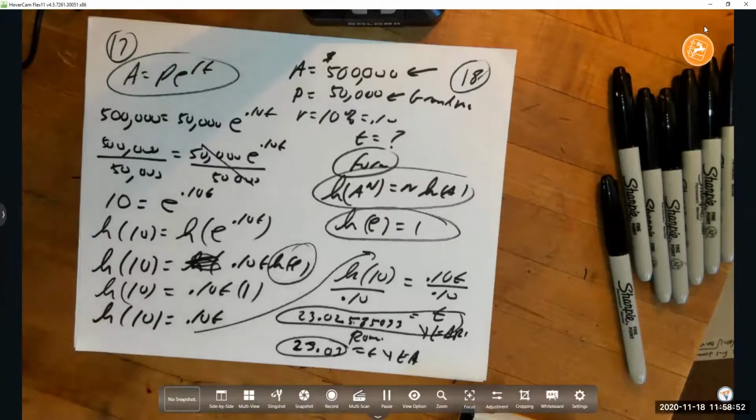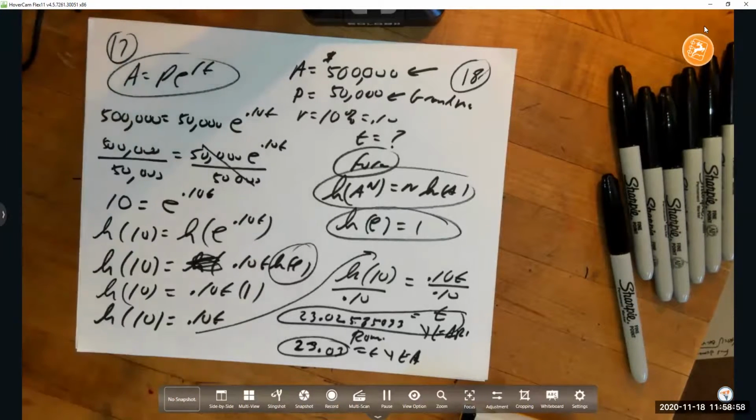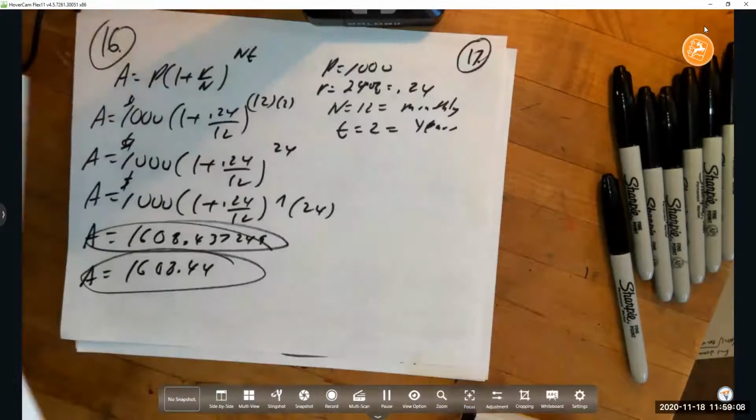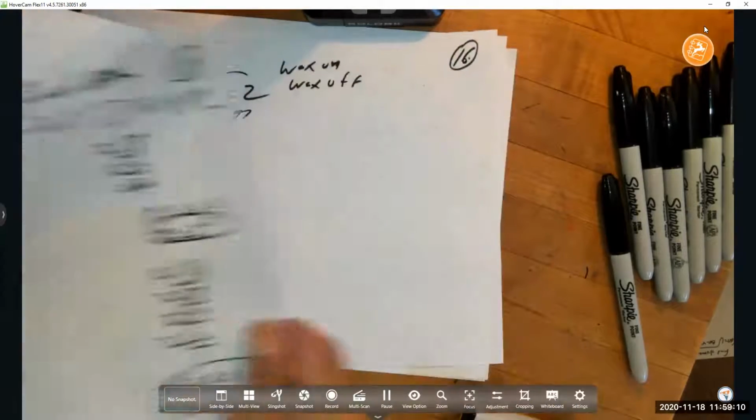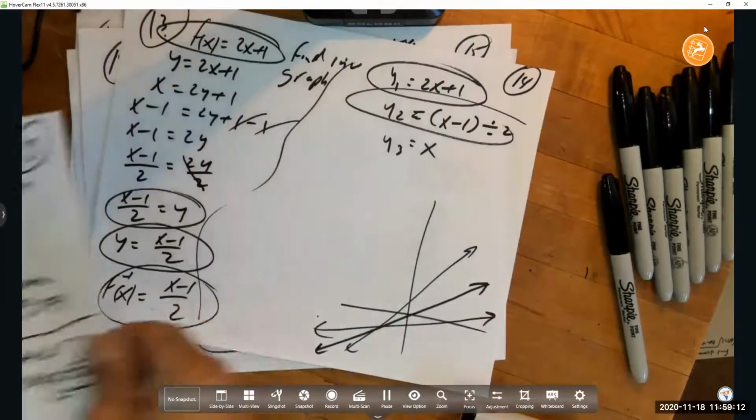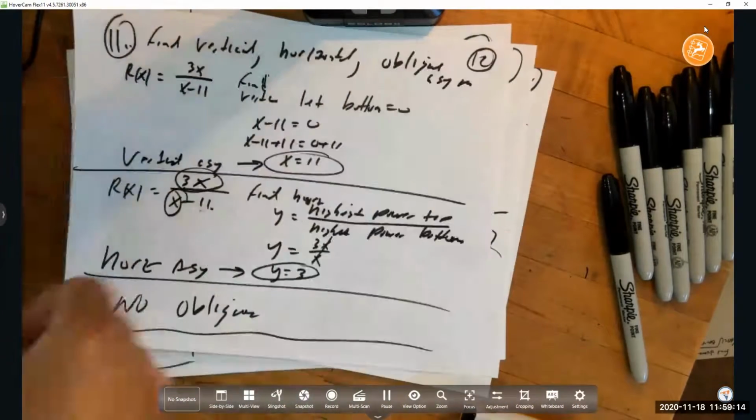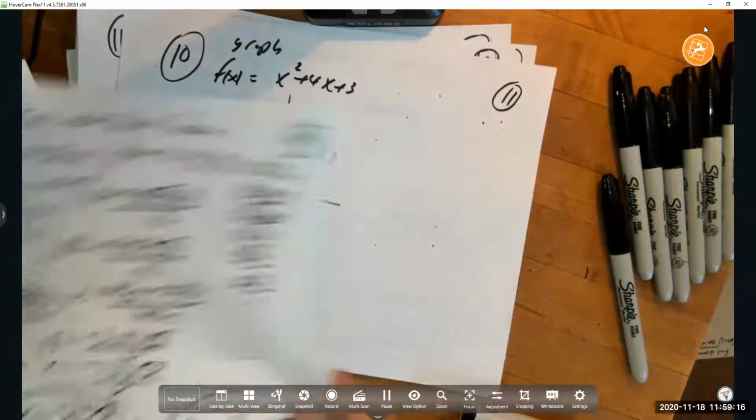Alright. Right there. Stopped at which number? 17. Alright. So, put these guys right here together. That's 17. 15. 12. Page 11. Page 10.